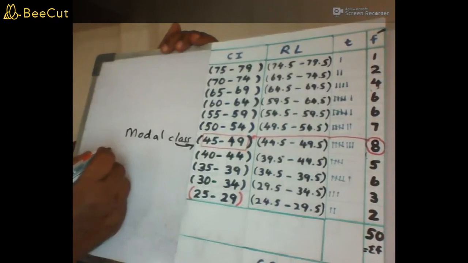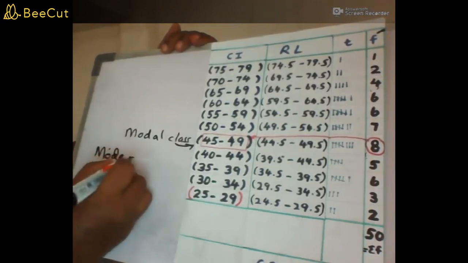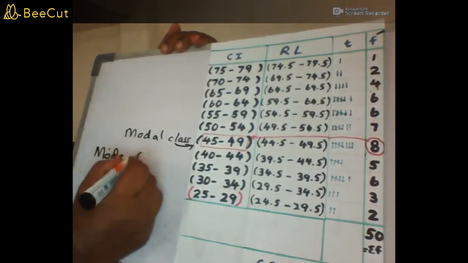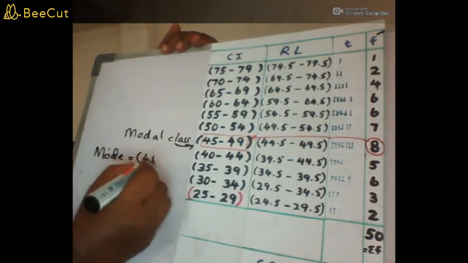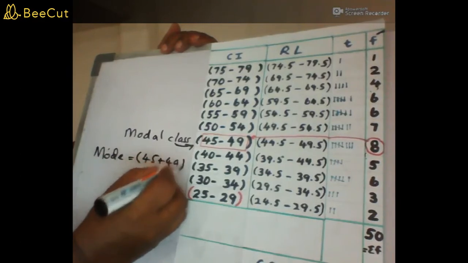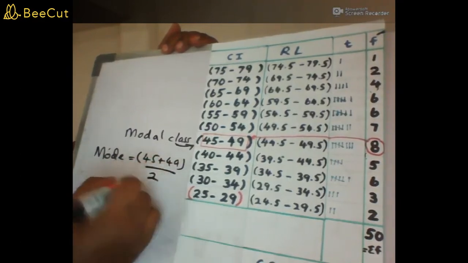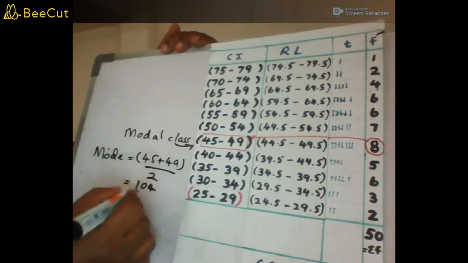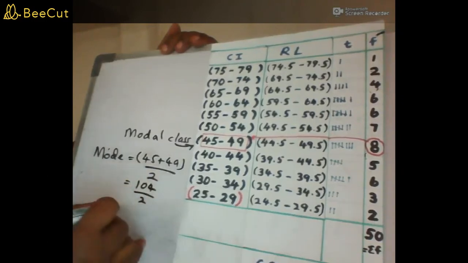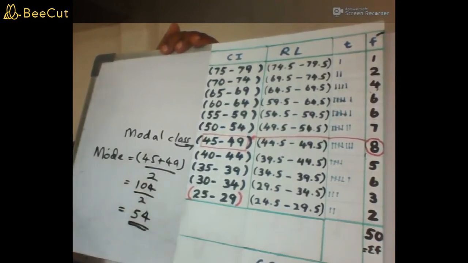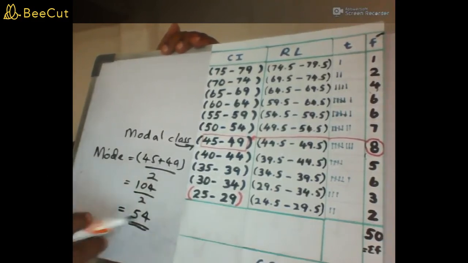So mode equals class 45 plus 49 divided by 2, that is 104 divided by 2, answer is 54. So the mode is 54. That means 8 students have scored the mark 54.